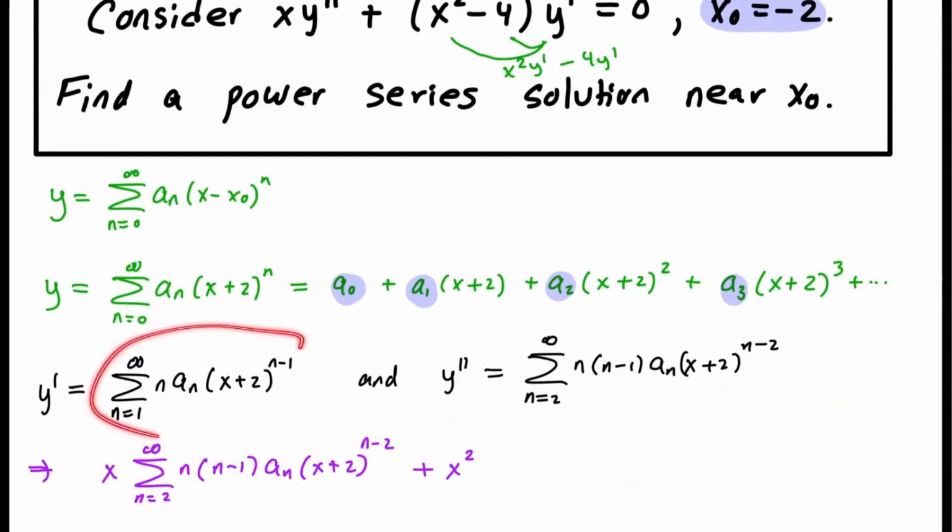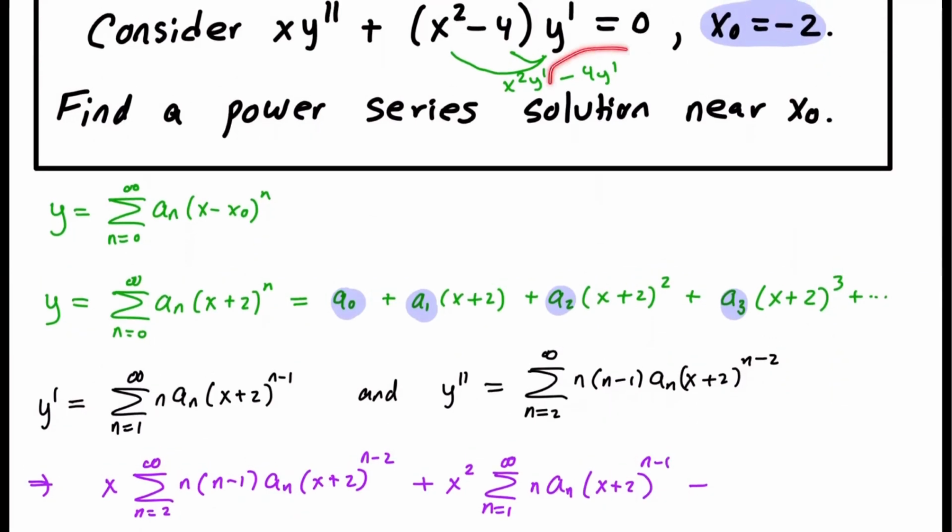Y prime is this sum right here, the sum starting from n equals 1 to infinity of n times a sub n (x + 2) to the power of n minus 1. Minus 4 times y prime, so we'll have -4 times exactly the same sum, starting from 1 to infinity of n times a sub n (x + 2) to the power of n minus 1, everything equals 0.